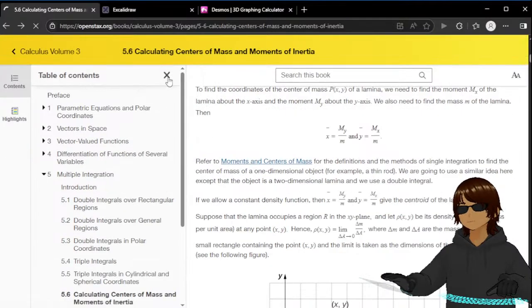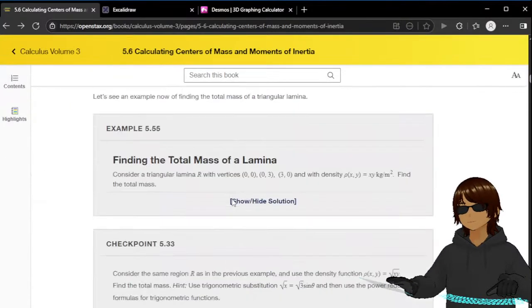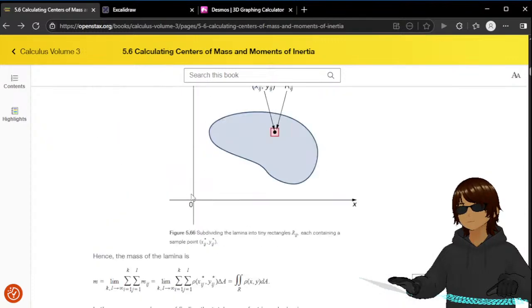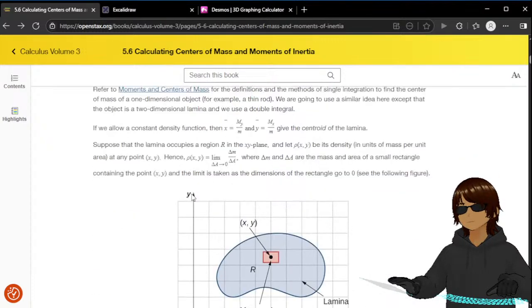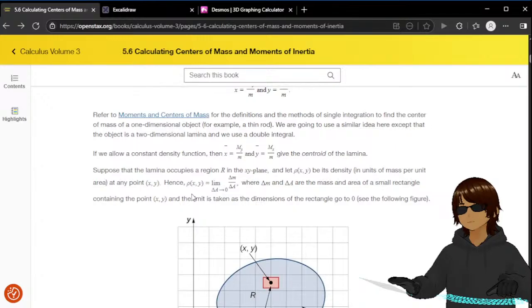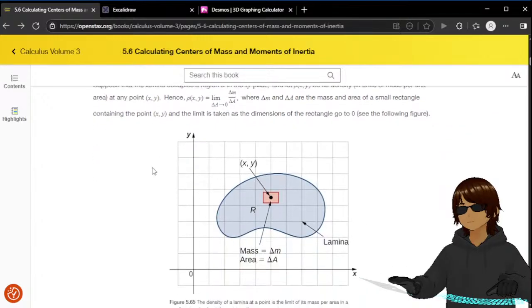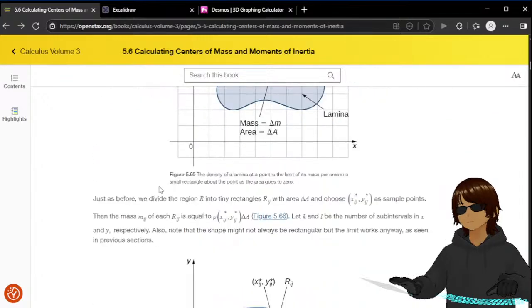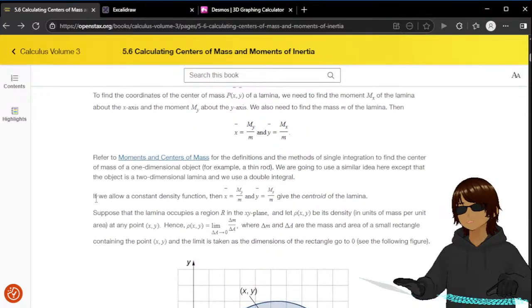If we allow a constant density function, then x-bar is My over m, and y-bar is Mx over m. Then these two give the centroid of the lamina.